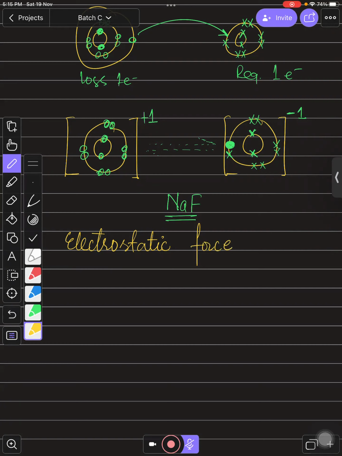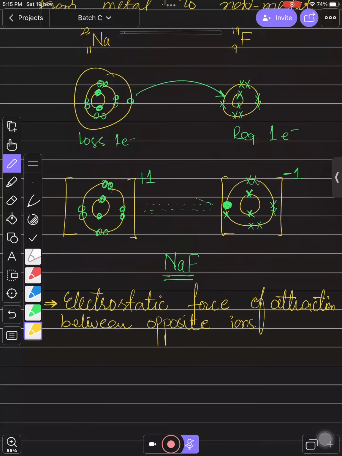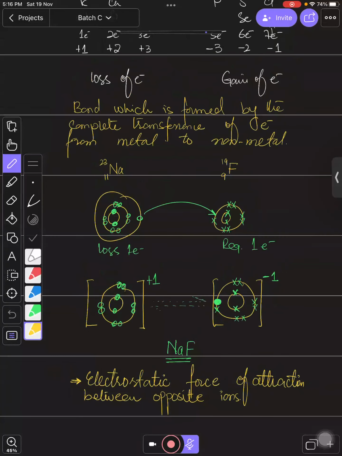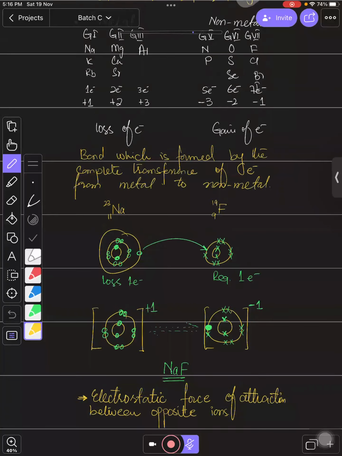You can use the word electrostatic force of attraction between opposite ions. So this is the best definition that you can write in the exam if the examiner asks what is ionic bonding. You can say that, sir, it is actually electrostatic force of attraction between opposite ions. So this is the best definition for ionic bonding, right?